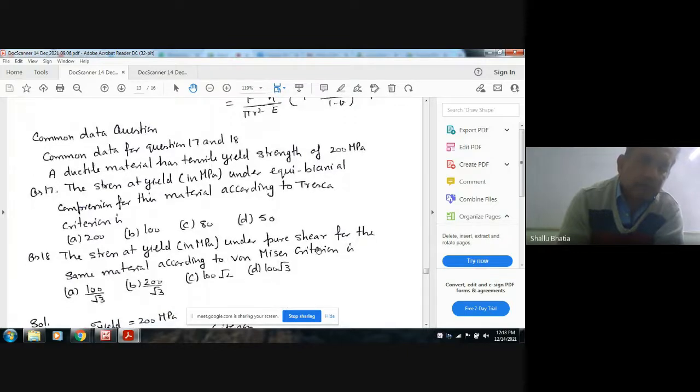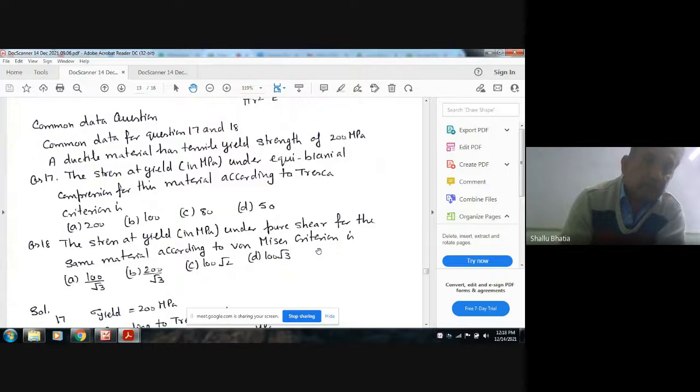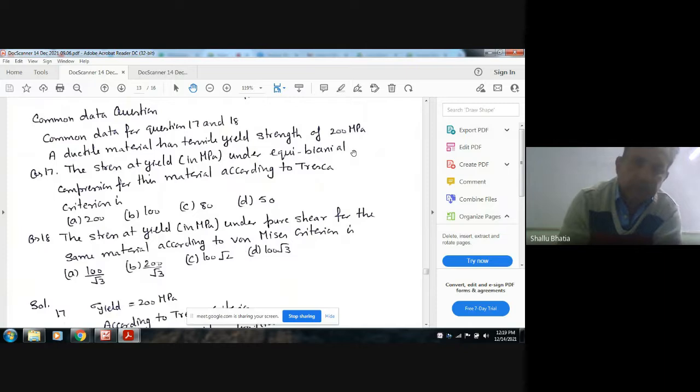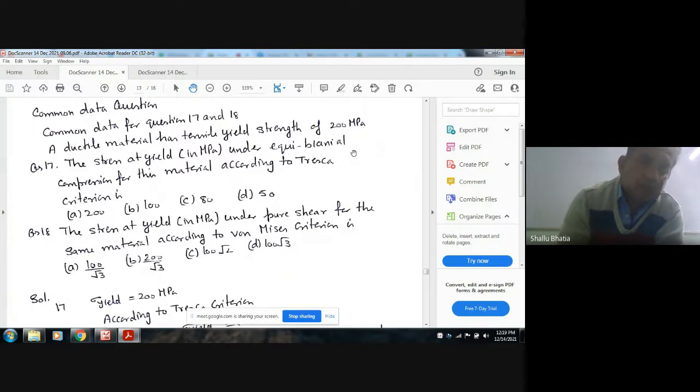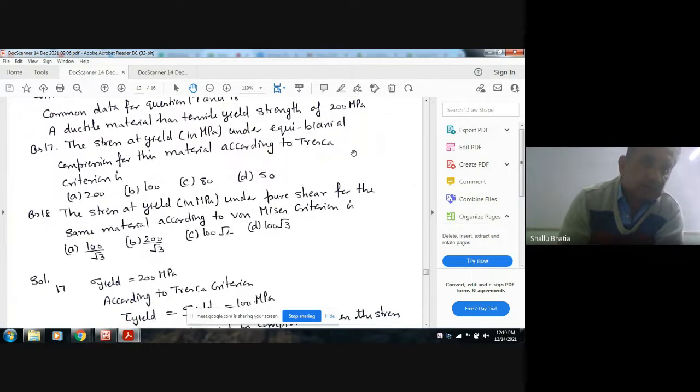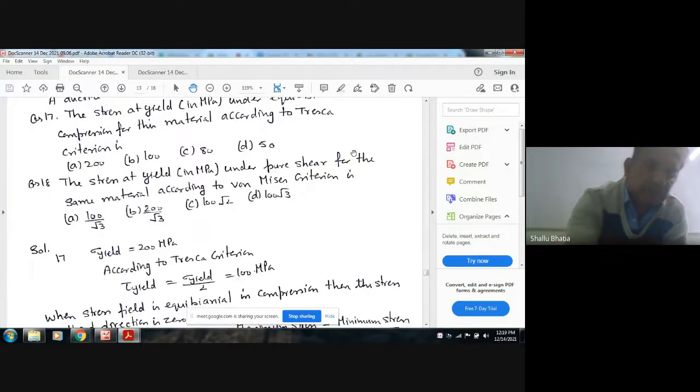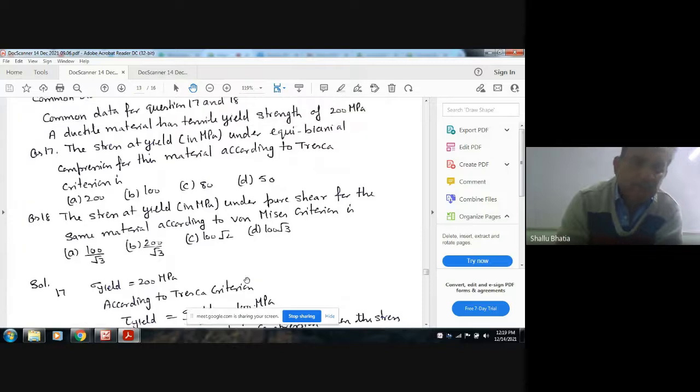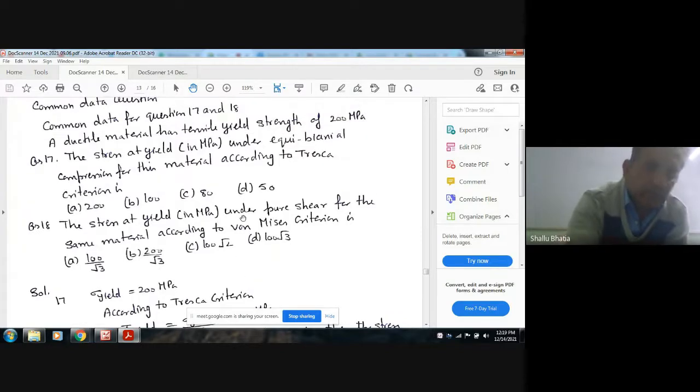In the first case, you have to consider the Tresca stress theory. The yield strength of the material is 100 MPa. According to this theory, the shear yield stress will be sigma by 2, so it will be 100 MPa. Now it is given that equibiaxial compression is applied.